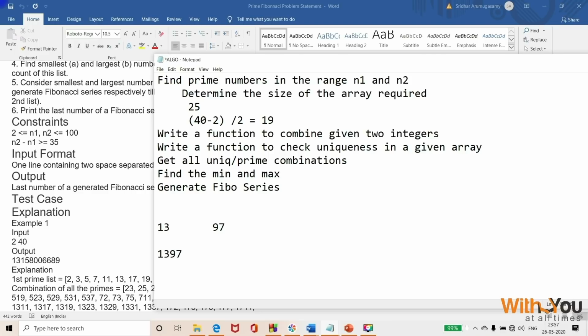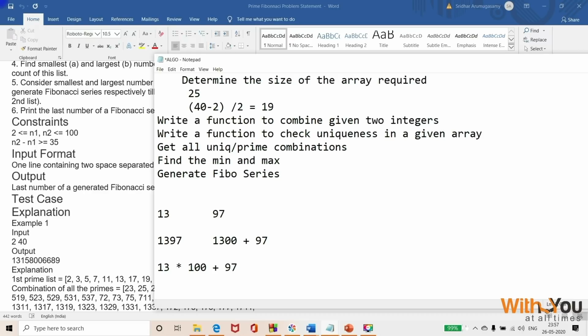Mathematically speaking, 1300 and 97, so that becomes 1397. So how can one of the two numbers become 1300? Obvious: 13 into 100 plus 97.